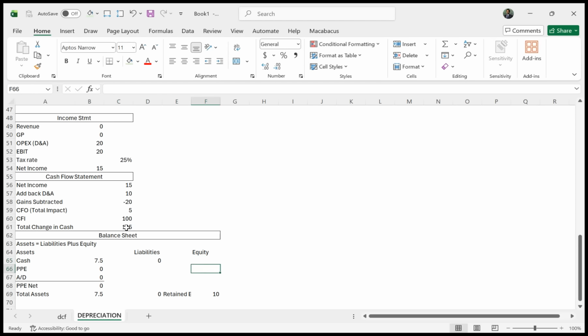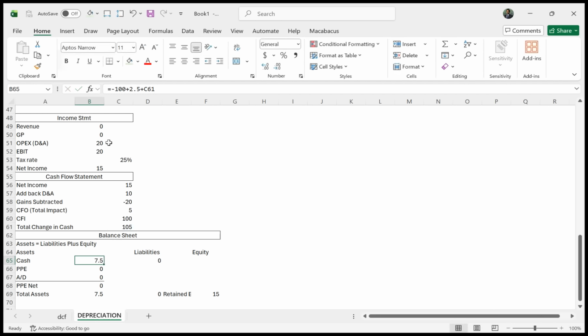From a net income perspective, you would take this. You've gotten rid of that. That's your net income impact.